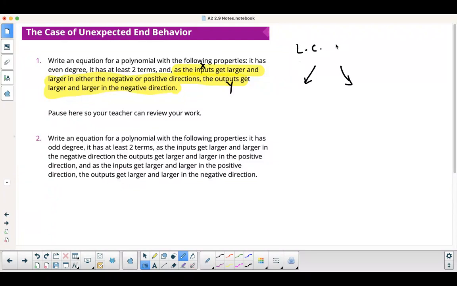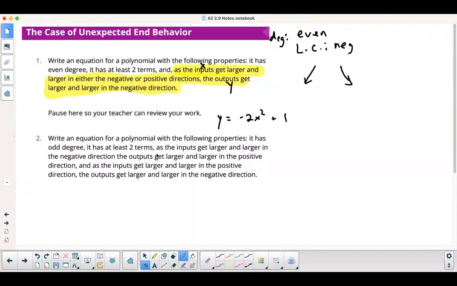So lead coefficient negative and an even degree. So we just need to have at least two terms. So I'll use y equals negative 2x squared plus 1. How's that? At least two terms.